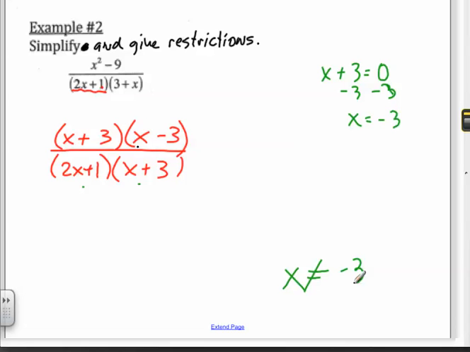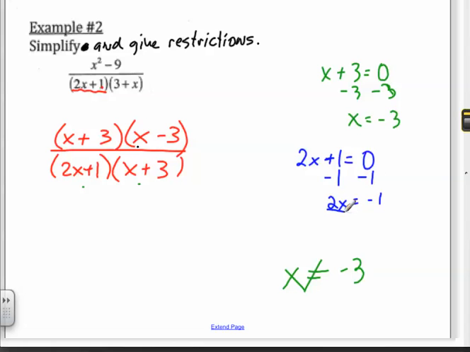Benny, I'm going to look at this other one, and it says 2x plus 1. Now, I know that can't equal 0, because if it does, the whole denominator is 0. And we don't want that, because that would be undefined. So we find out, well, when does it equal 0? I'm going to subtract 1 from both sides. I get 2x is equal to negative 1.